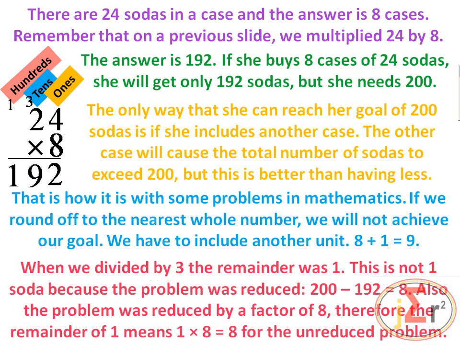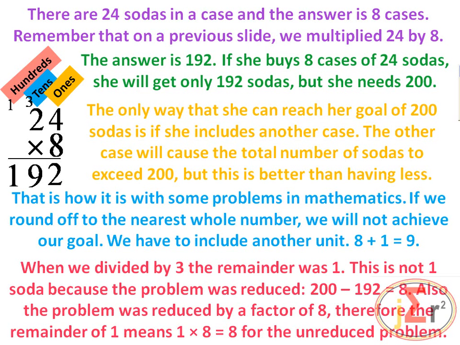This is not 1 soda because the problem was reduced. 200 minus 192 is equal to 8. Also, the problem was reduced by a factor of 8. Therefore, the remainder of 1 means that 1 multiplied by 8 is equal to 8. So we are short by 8. We are not short by 1.